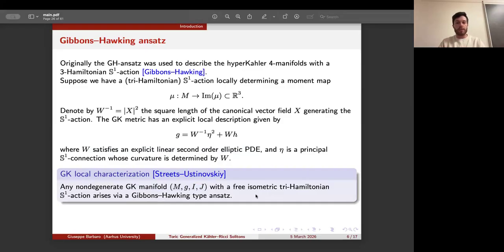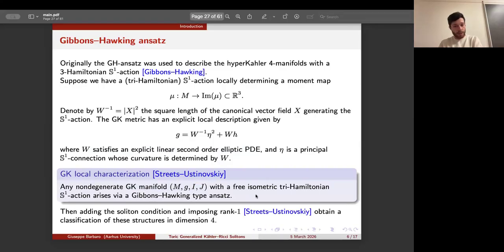And as I said before, now that they had this characterization of the metric, they could use it to classify the rank 1 case. So this was useful for the rank 1. It turns out it's very useful also for the rank 2, of course.